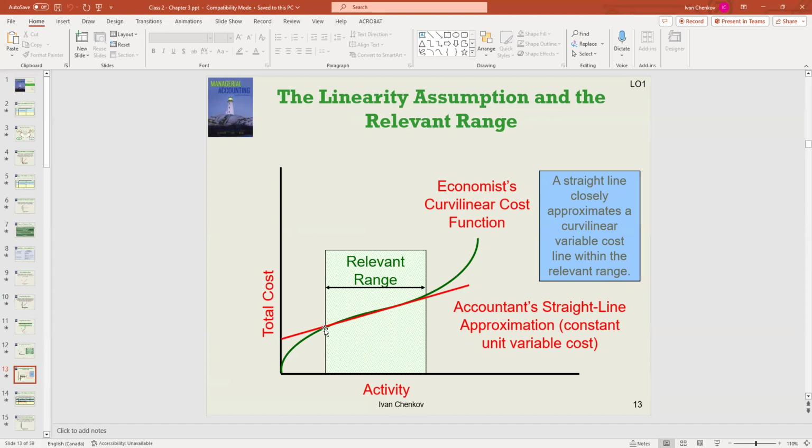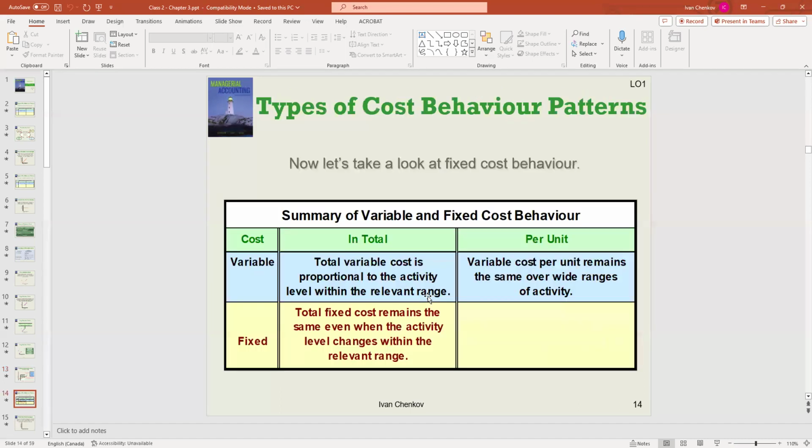We need it in order to understand the cost and try to predict it. The relevant range is the range in which the variable cost behaves as a variable cost, increasing proportionally with the level of usage. Of course, we use approximation to make it easier for us to understand.